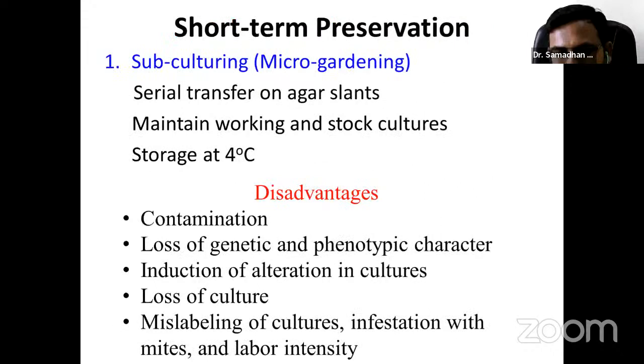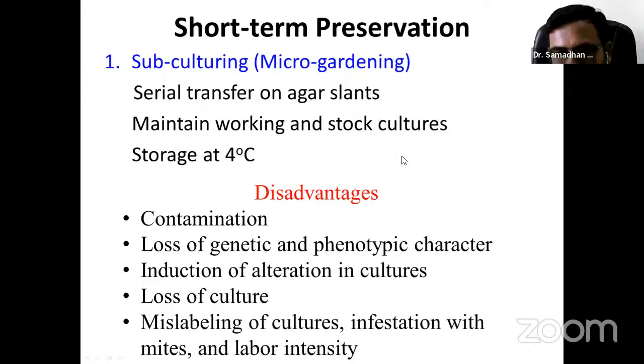Now short-term preservation. Short-term preservation is subculturing, where serial transfer is done on agar slants or in liquid medium, and the culture is stored at 4 degrees Celsius. What are the disadvantages? There is a contamination problem; frequently transferring the culture gives chances of contamination.